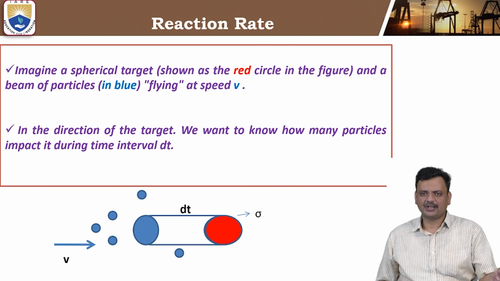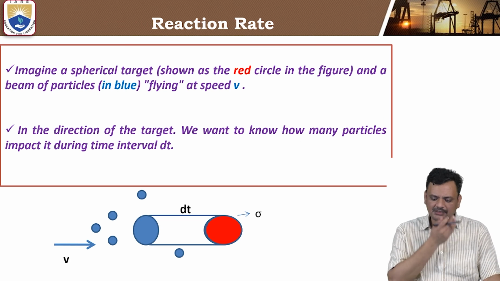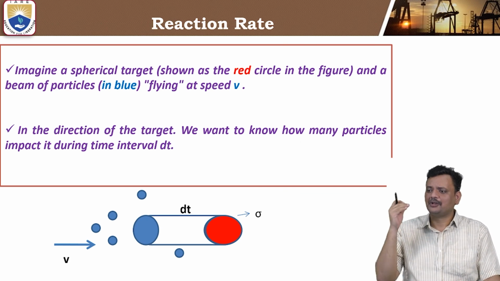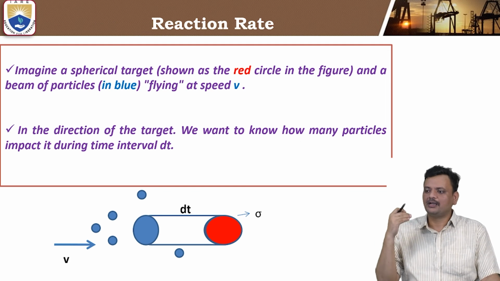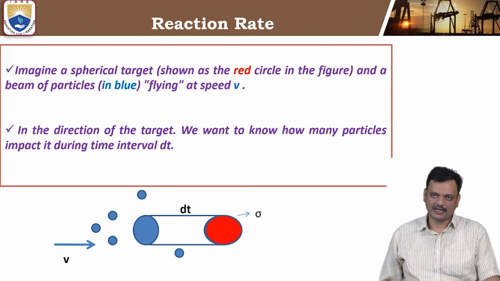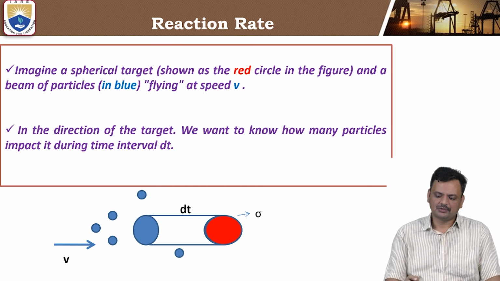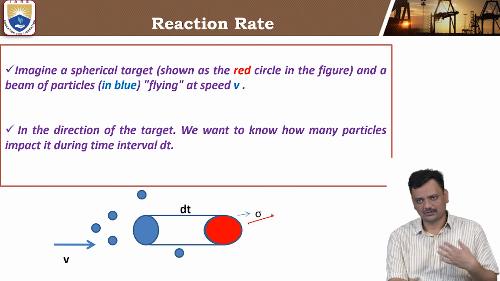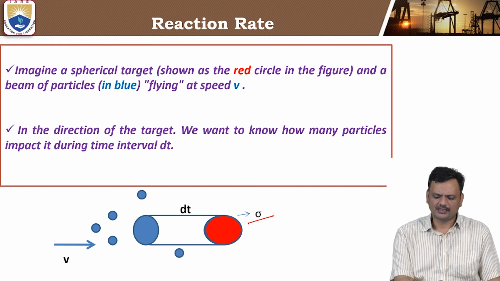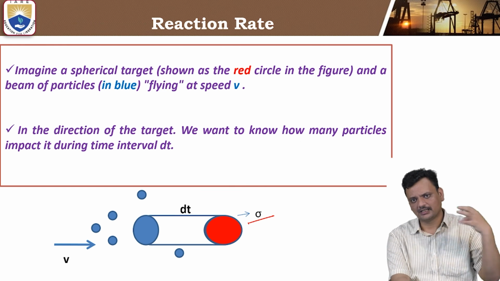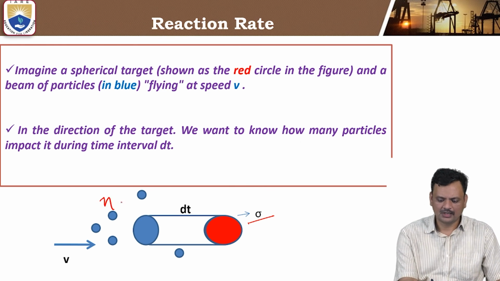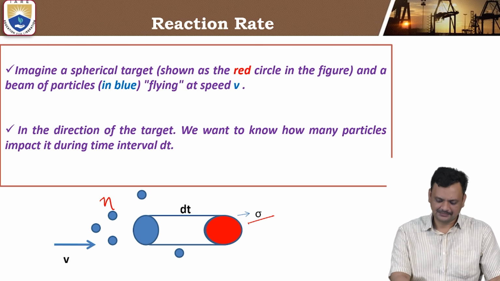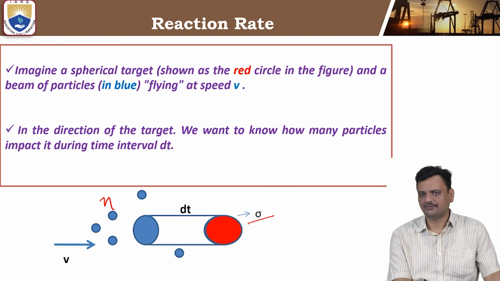Now, reaction rate. Reaction rate means how many incident neutrons will go for a nuclear reaction. Suppose this is your sigma, the total cross-sectional area, and there are several incident neutrons approaching this area. They have velocity v.